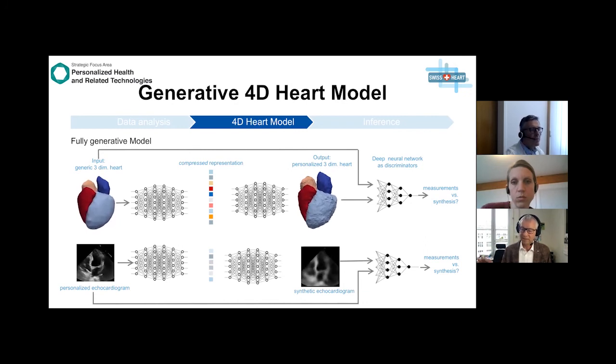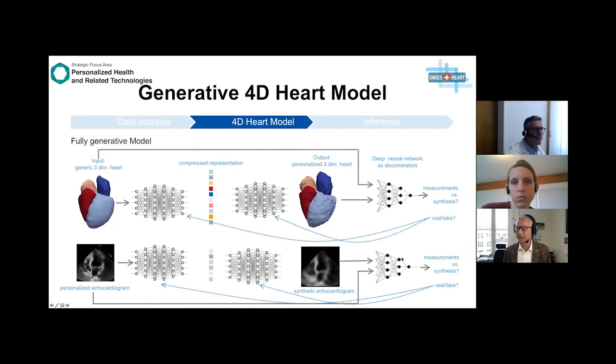And that feedback signal then allows you to adapt these millions of parameters which you have in these networks. We do the same for echoes, and in those cases, you ask, was it real, the real measurement, or was it a synthesized analysis product? And this feedback signal then allows you to adjust these weights.